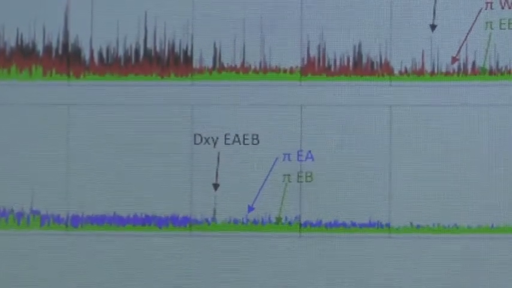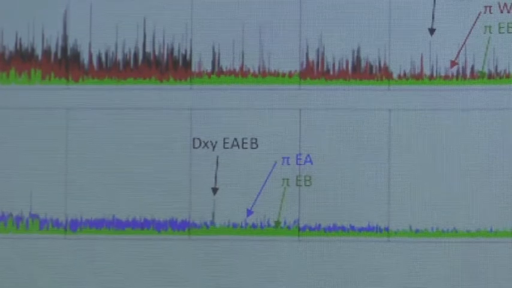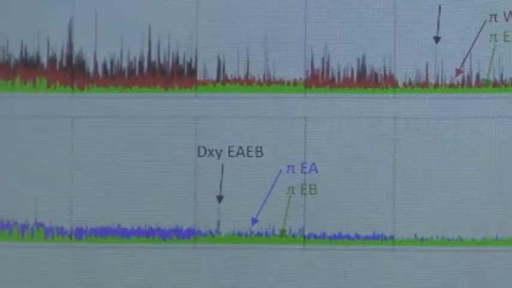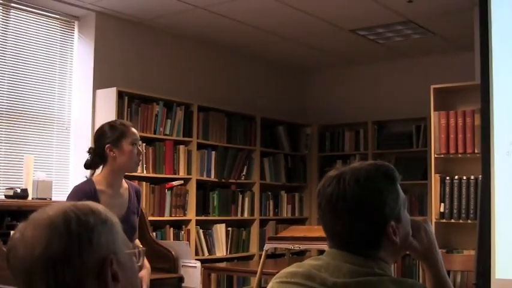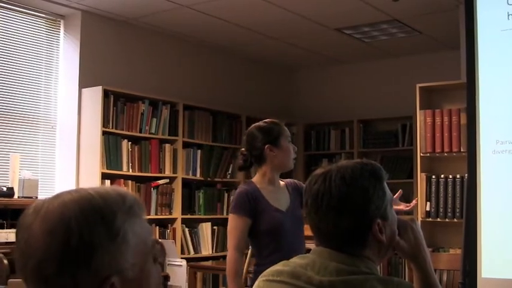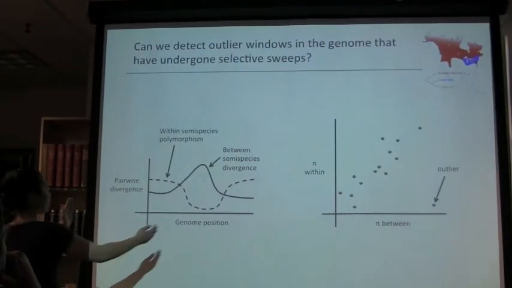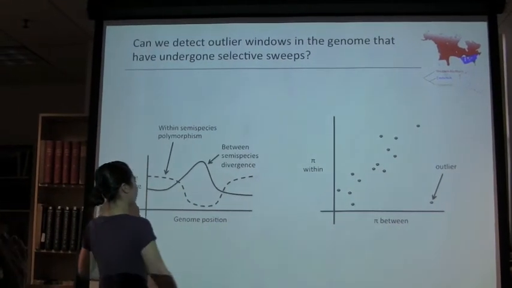And so while this gives you a really good picture of generally what's going on in terms of selection, it doesn't really give you a good idea of exact outliers. So another way to look at this is to use this same method, but instead break up the genome into equal-sized windows. This is my equal-sized window, and I do this across the entire genome.